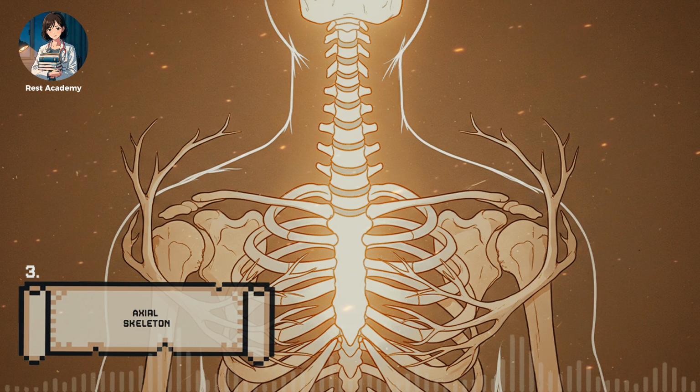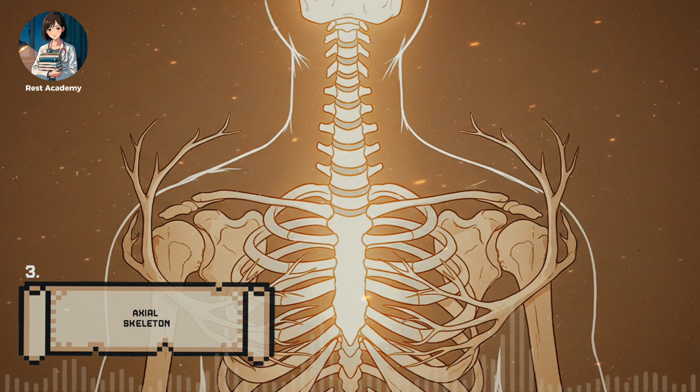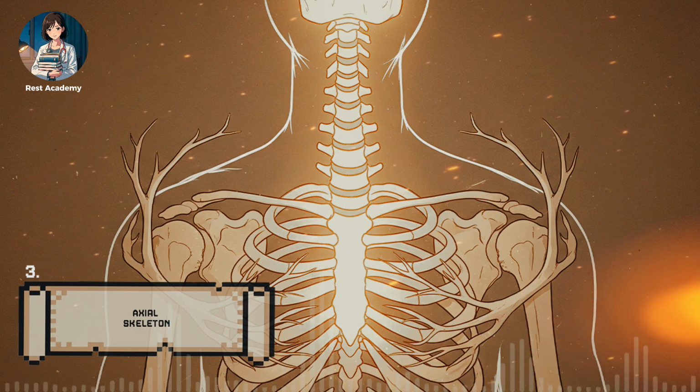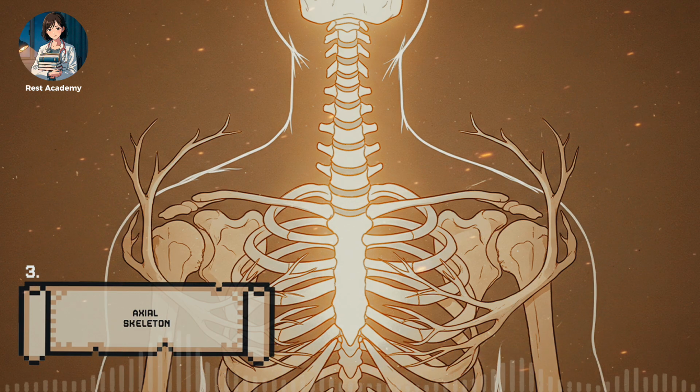Regional specialization makes the tower practical. Cervical vertebrae are small and permit extensive rotation and flexion. The atlas lacks a body to cradle the skull, and the axis contributes a vertical peg that acts as a pivot. Thoracic vertebrae have facets for ribs. Their long, downward-slanting spinous processes limit extension and stiffen the cage.